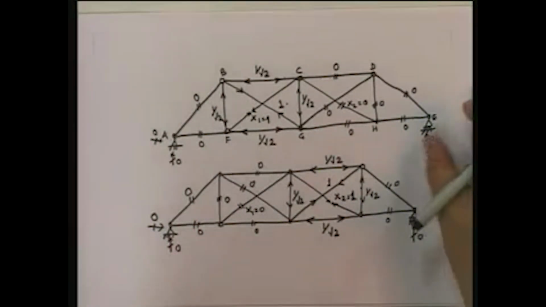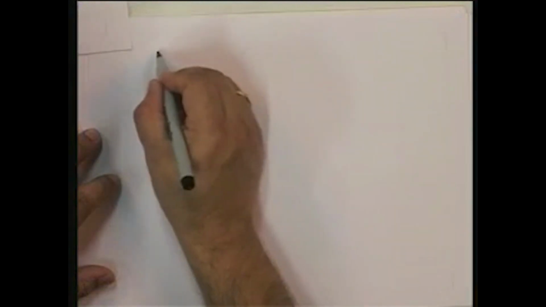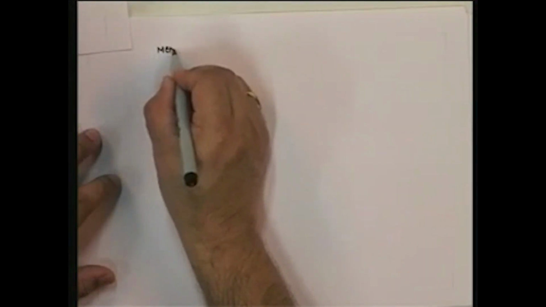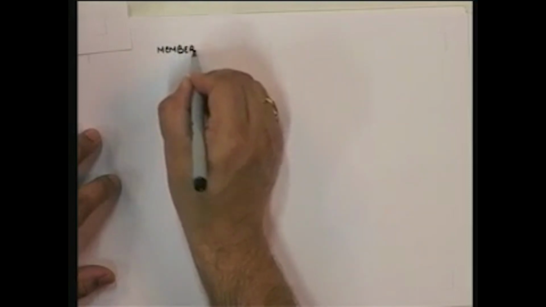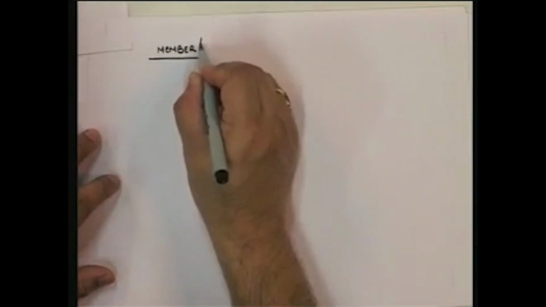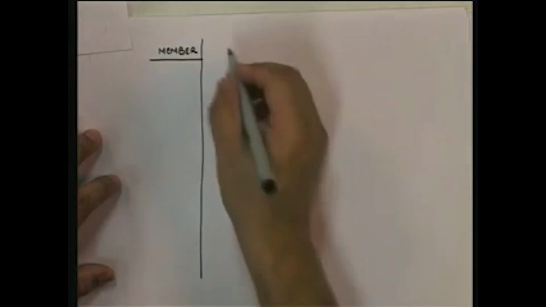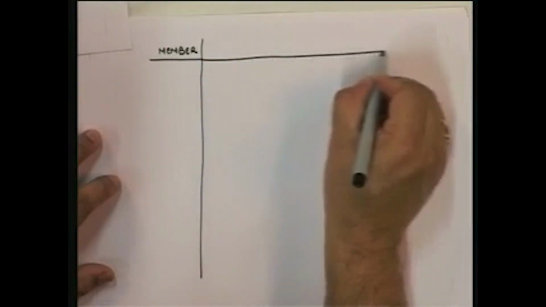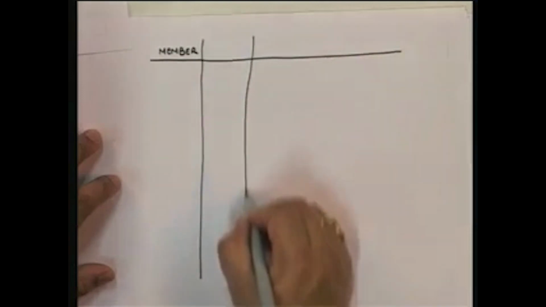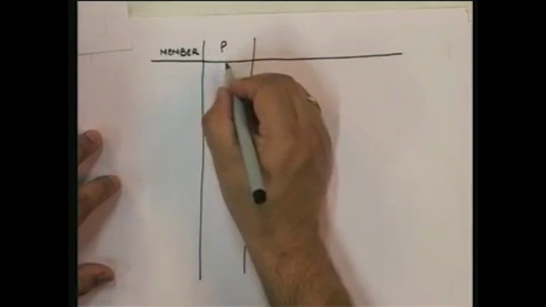Now, having done these 3 analyses, let me write down all the values that I have in a particular pattern. Okay, I am going to write it down in a table. First, the table will have member. Okay, so members here. Then I am going to write down the load.